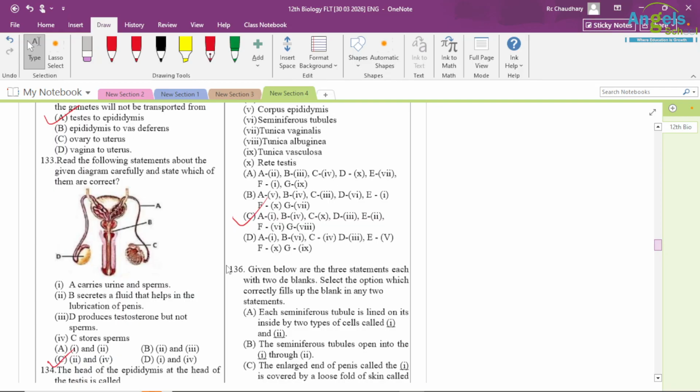Then in statement B, the seminiferous tubule opens into vasa efferentia through rete testis. Then statement C, the enlarged end of penis is called glans penis and is covered by loose folded skin called foreskin. Okay, so option B is correct here.